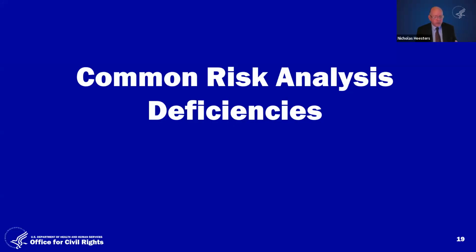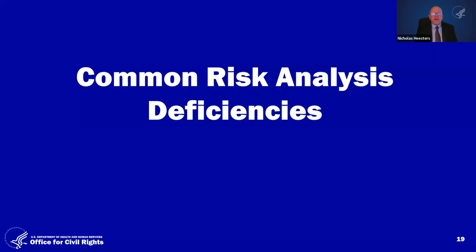So just one risk analysis of the data center and nothing else will not be accurate and thorough, because we're not capturing risks to satellite offices. If we only do office clinics, and we don't look at our mobile devices and applications and things like that, then that's not going to be enough.